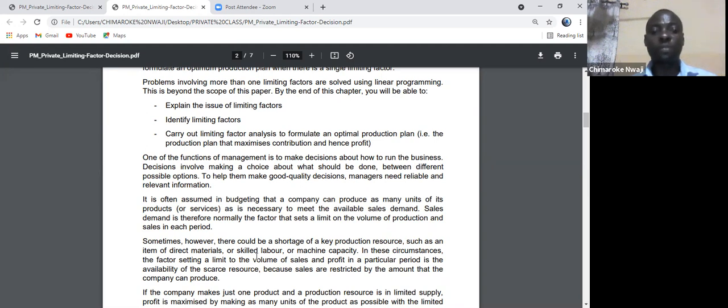And so it means that in your budget, the first thing to do is to set your sales target. So how much do you want to sell, and how do you get the volume you want to sell? You check your demand. Your customers' demand will be a key factor in making you set your sales targets.